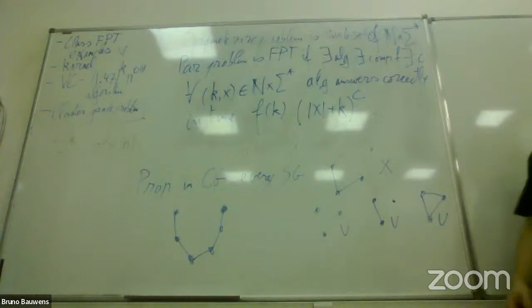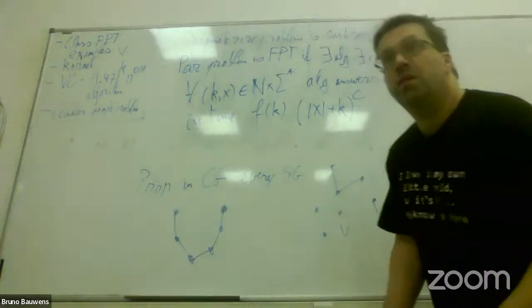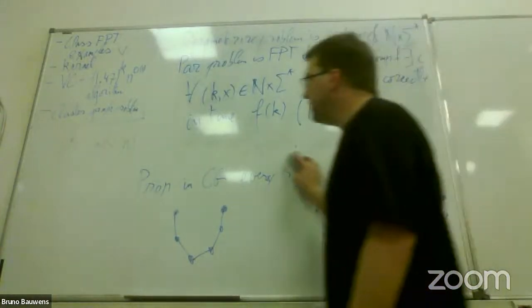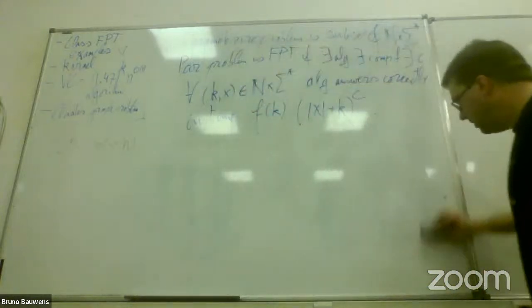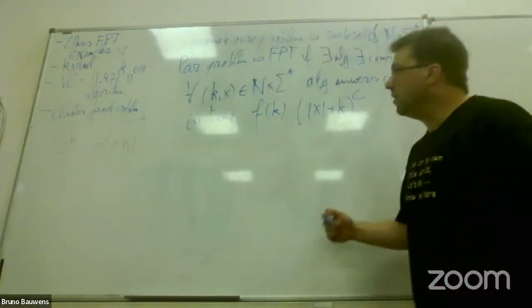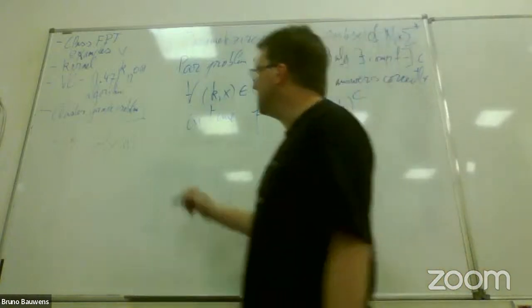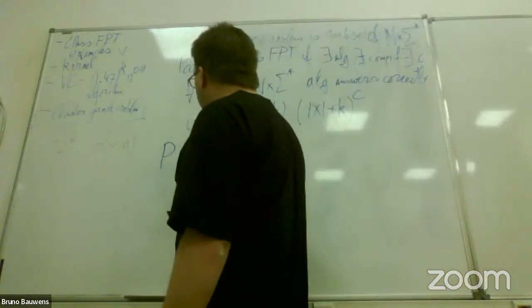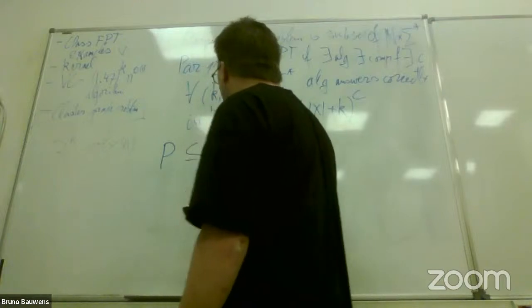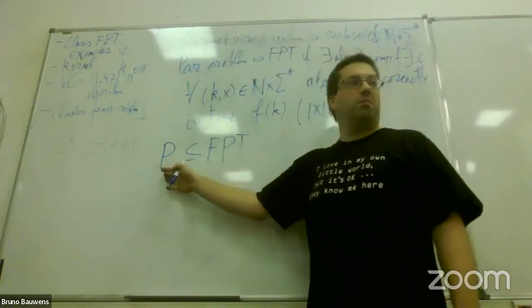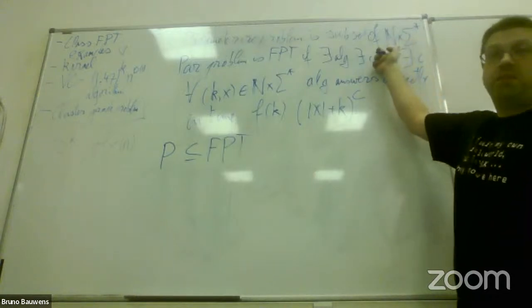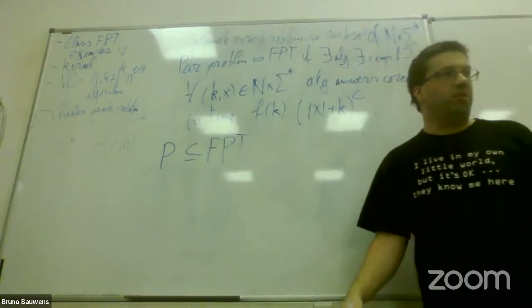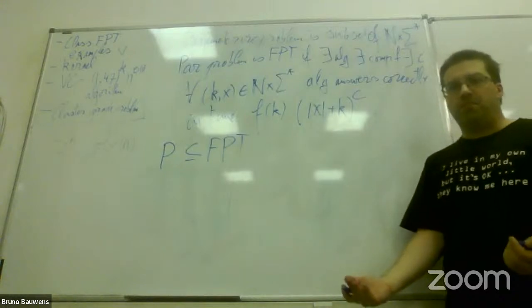Okay, so let us consider a colorability problem. First, let us say that P is a subset of FPT. Note that P is a problem, and P is a subset of strings. So we have a different parameter here, but let's just insert one or whatever you want for this parameter.